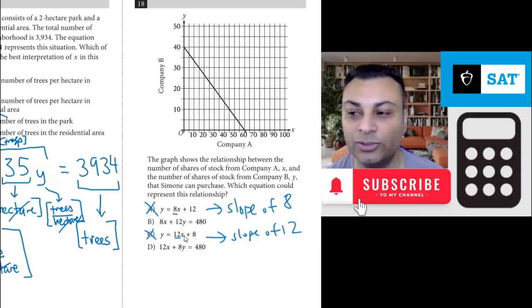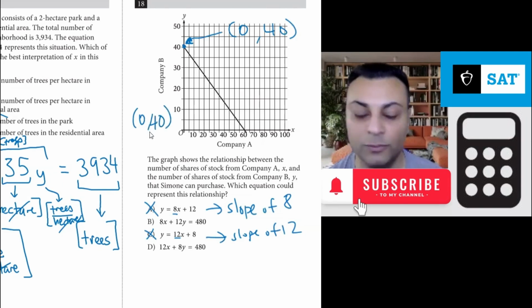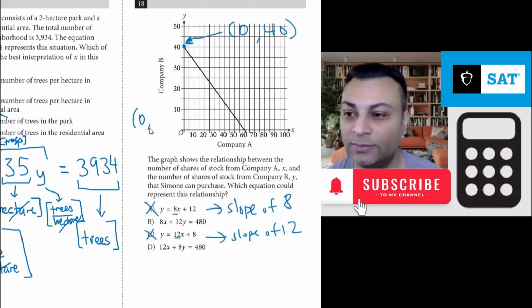And so what we could do is just pick a point. So let's say I pick this point here, and that point over there that I'm pointing to is right there. It's 0, 40. Let me write it up here so you can see it better. 0, 40. A little neater. 0, 40. Okay.